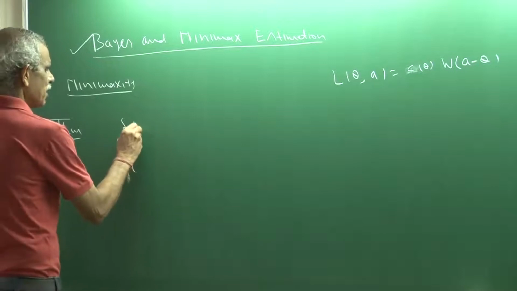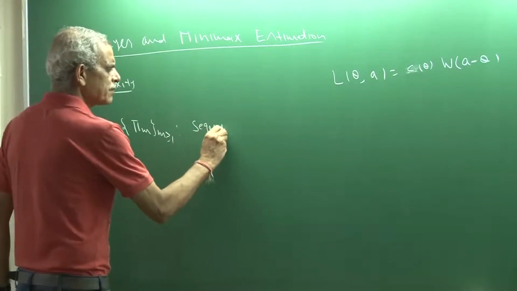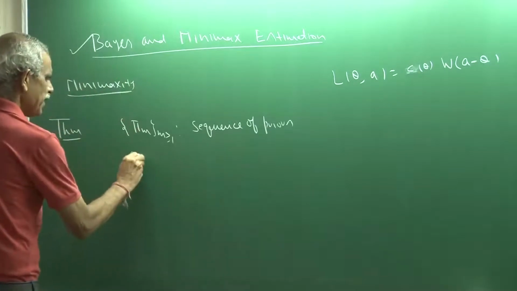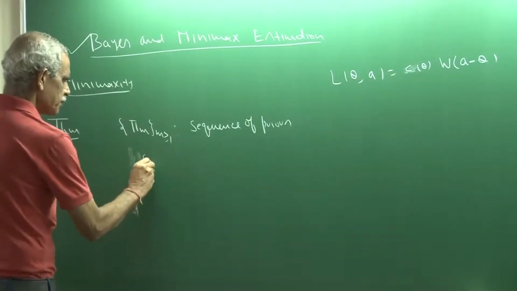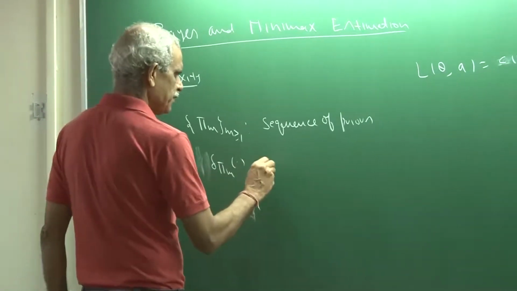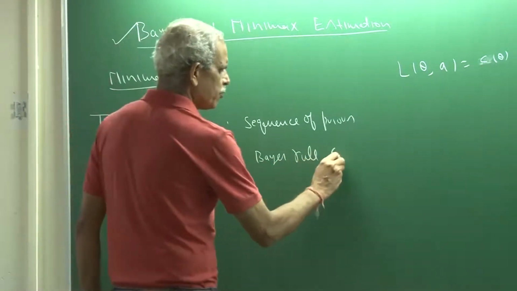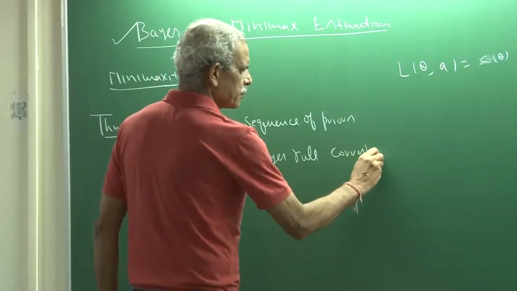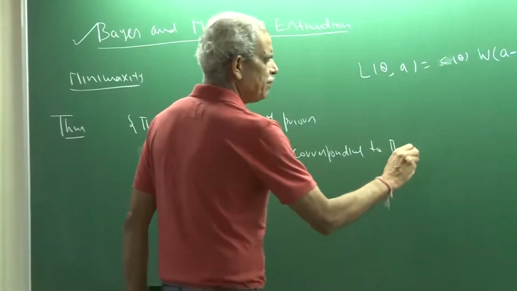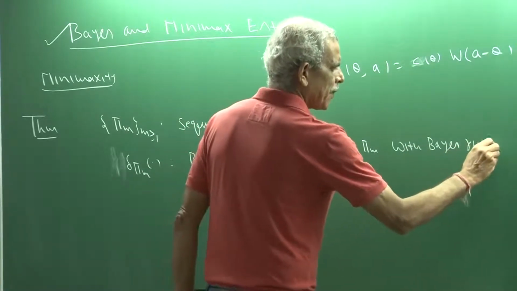Theta naught. Let pi m be a sequence of priors, and delta pi m is the Bayes rule corresponding to pi m, with Bayes risk let us say Rm.